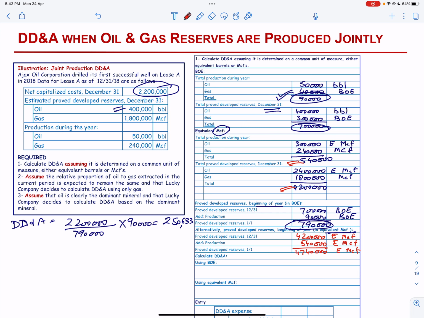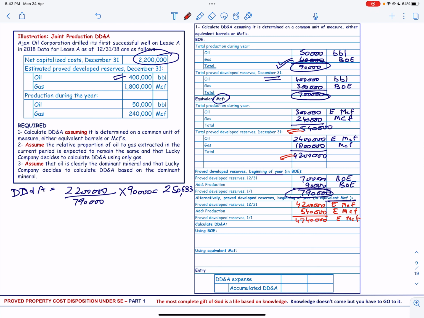So the DD&A in this regard will be, once again, the net capitalized cost of 2,200,000 divided by proved developed reserves at the beginning of the year, but this time in metric cubic feet, that is 4,740,000, times the production, now in metric cubic feet, that is 540,000.